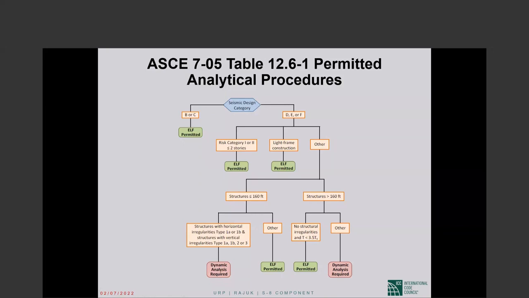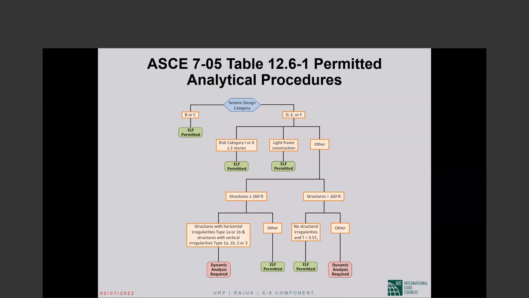S sub D1 over S sub DS is typically about 0.5. Very rough figure, 0.5. So 3.5 times 0.5 would be 1.75 seconds. T of 1.75 seconds would be the period of a 17, 18-story frame building.